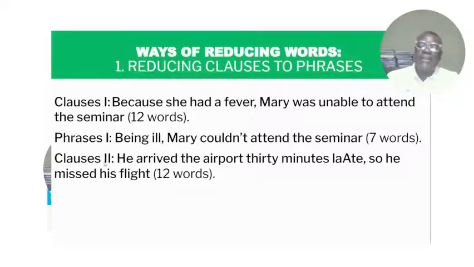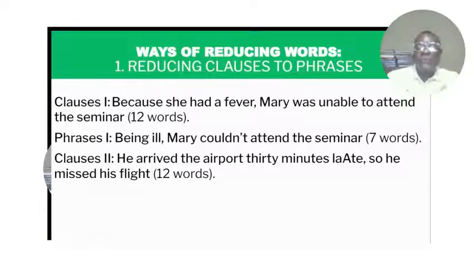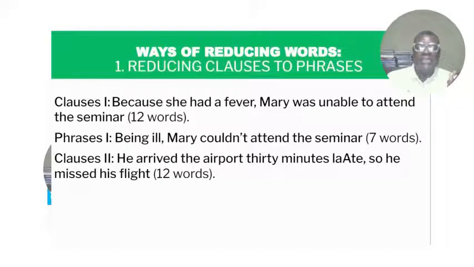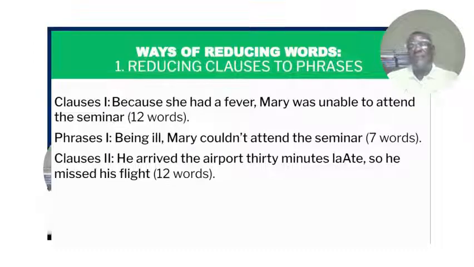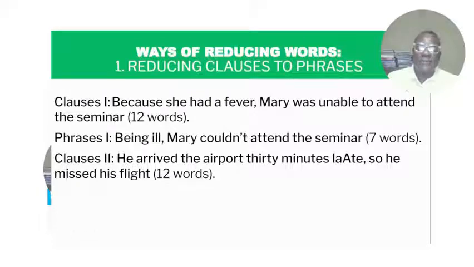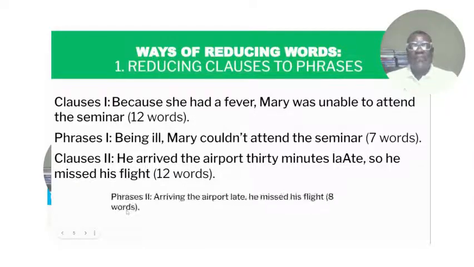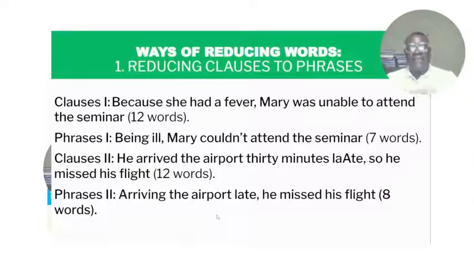Let's take another example we call clause 2. He arrived at the airport 30 minutes late, so he missed his flight. Now let's look at the first clause. Instead of saying he arrived at the airport, we can say arriving at the airport late, so we can actually reduce that. We can say arriving at the airport late, he missed his flight.